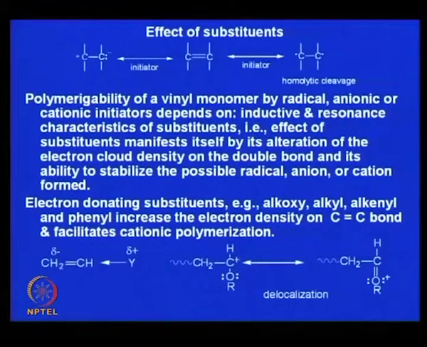Here you look, the effect of substituents. As I was telling you, this is the monomer, an olefinic monomer having this pi bond. Now, if some initiator comes close to this monomer, that can polarize the pi bond, forming a positive center and a negative center, or it can break into two free electrons, homolytic cleavage or heterolytic cleavage.